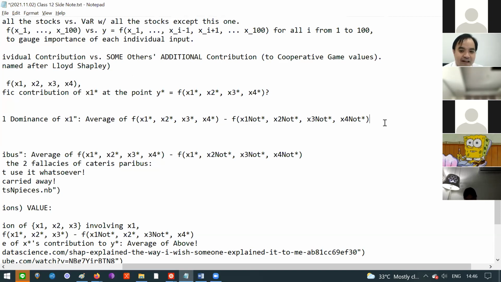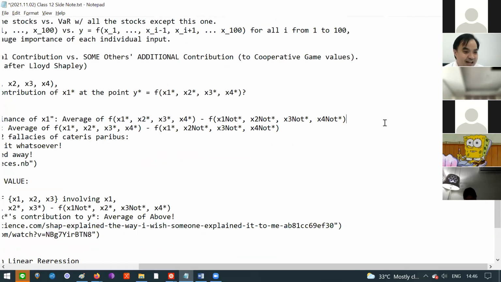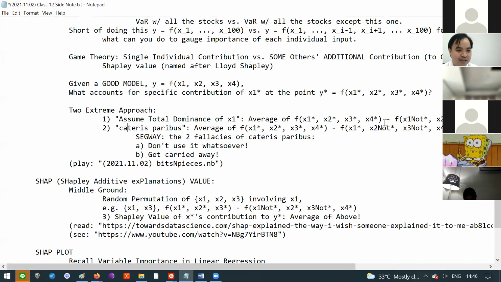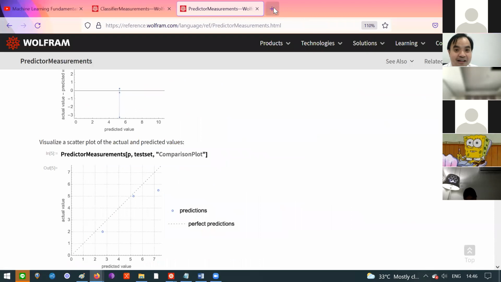And this is the method that economists use. Okay, it's called all else being equal. Okay, and let me pronounce this properly. Let's go to the internet for that.